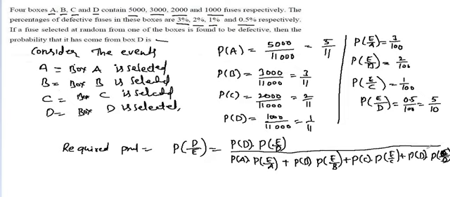So P of D is 1 by 11 into P of E by D, 5 by 10,000, divided by the whole of P of A, that is 5 by 11 into 3 by 100, plus 3 by 11 into 2 by 100, plus 2 by 11 into 1 by 100, plus 1 by 11 into 5 by 10,000.